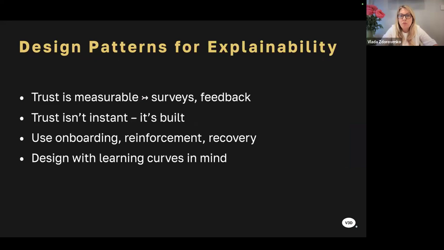So trust can be measurable through surveys and feedback, and it's not instant, it's built. It's all about onboarding, reinforcement, and recovery. And also, if you're creating a complex tool, keep in mind that learning curves can help in creating a better user experience.